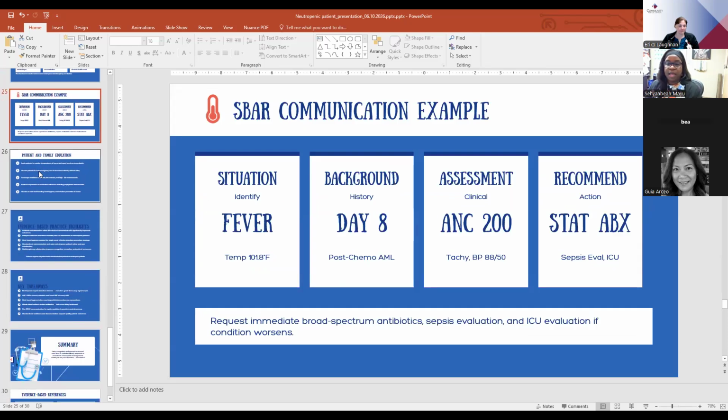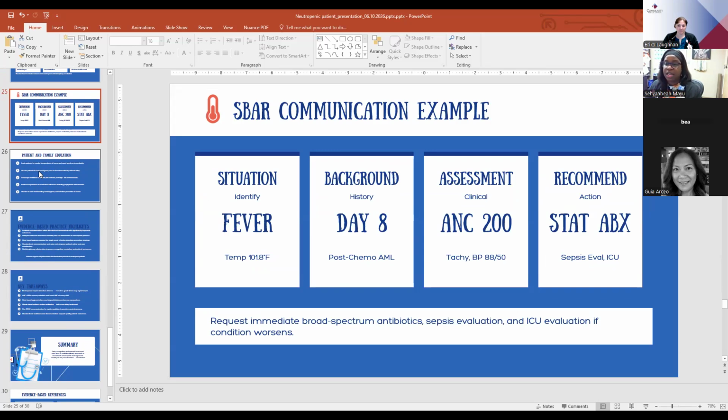So example of SBAR communication. So situation, this patient is having a fever. This is the current temperature, 101.8. The background history, day 8 of their chemo regimen or post-chemo regimen, our assessment, our ANC calculation, any vitals that are essential to let the provider know.